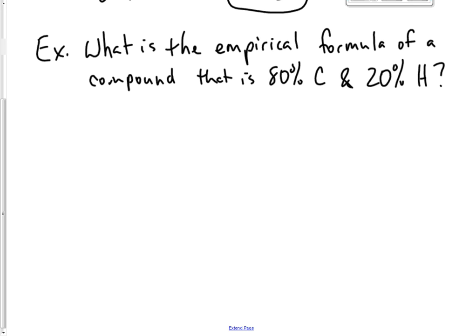What is the empirical formula of a compound that is 80% carbon and 20% hydrogen?